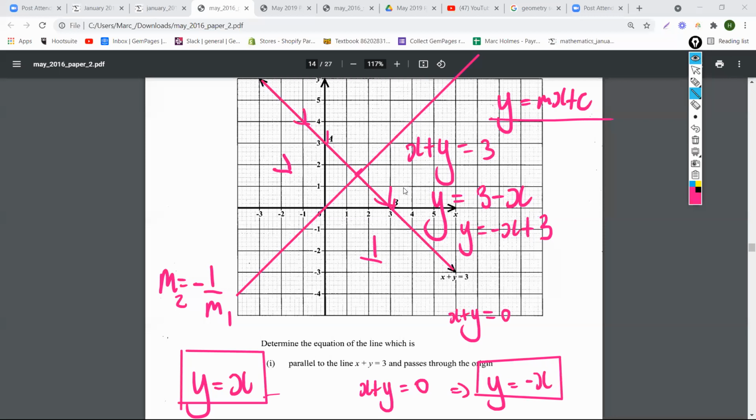So they're asking you to find the equation of this perpendicular line, guys.